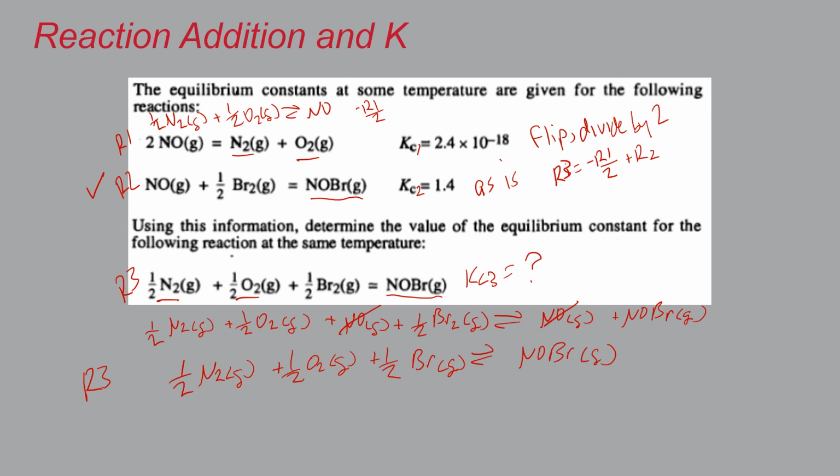R1 we flipped and divided by 2, which means that we need to invert Kc1, and since we halved the reaction, we take the square root of 1 over Kc1 and then multiply it by Kc2, because we didn't modify Kc2 at all.